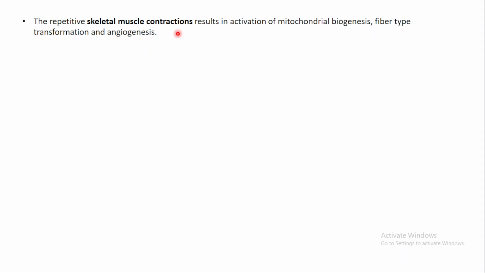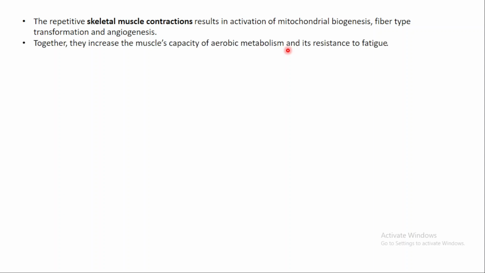These repetitive actions cause mitochondria to be hyperactive, mitochondrial biogenesis, and there will be angiogenesis. Angiogenesis is the production of blood vessels. With many more blood vessels, the muscle gets more blood for its repetitive contraction, and mitochondria will increase in activity. Together all these phenomena increase the muscle's capacity for aerobic metabolism and its resistance to fatigue.